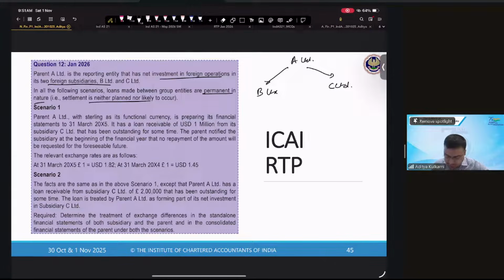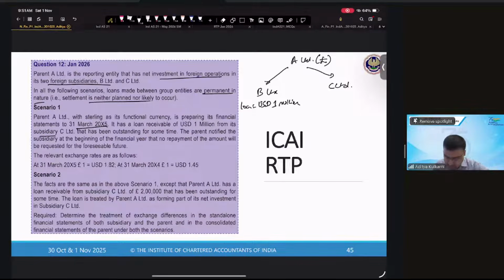Scenario 1. Parent A with pound sterling as its functional currency is preparing its financials to March 20x5. It has a loan receivable of USD 1 million from its subsidiary C Limited that has been outstanding for some time.